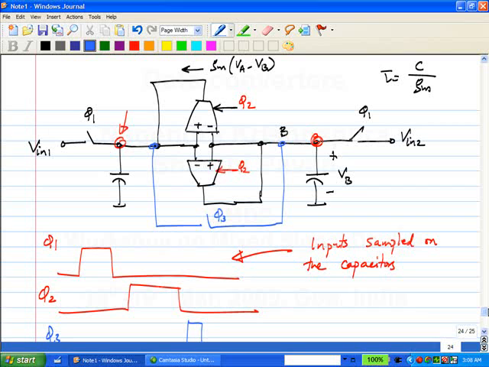But can we do anything here? You use a smaller capacitance, right? So what is the smallest amount of capacitance you can use here? How small can C be?